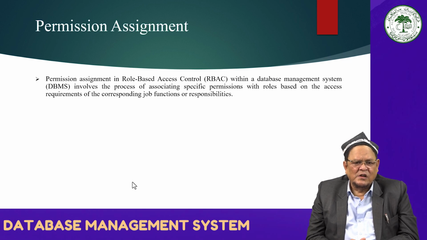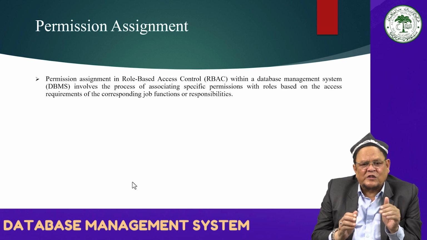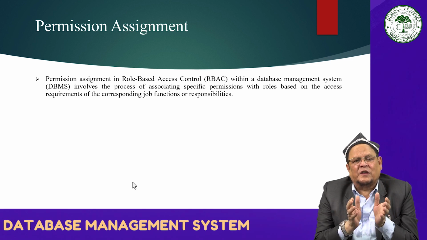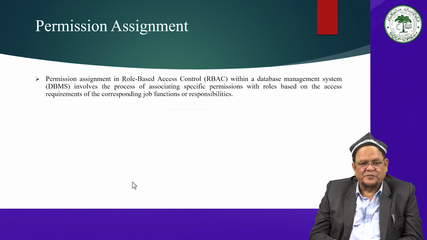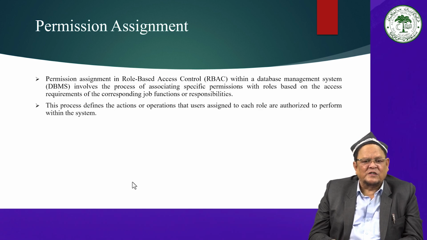Next is permission assignment. Permission assignment in role-based access control within a database management system involves the process of associating specific permissions with roles based on the access requirements of the corresponding job function or responsibility. This process defines an action or operation that users assigned to each role are authorized to perform within the system.